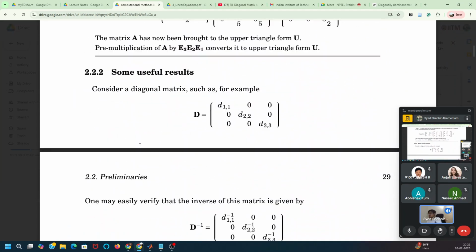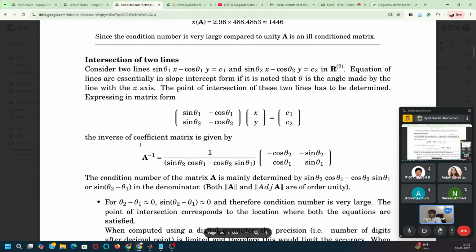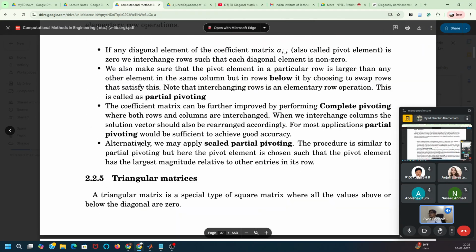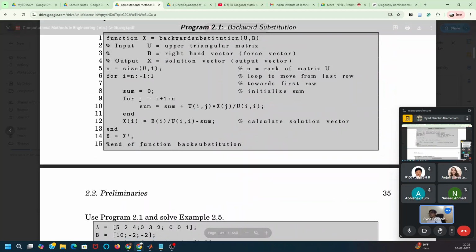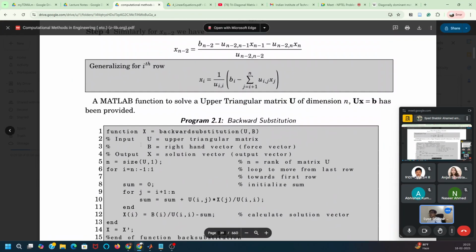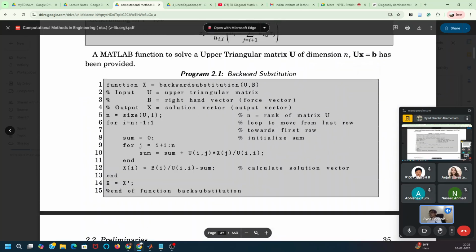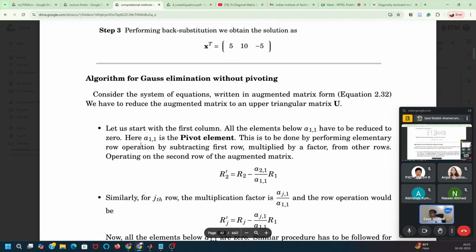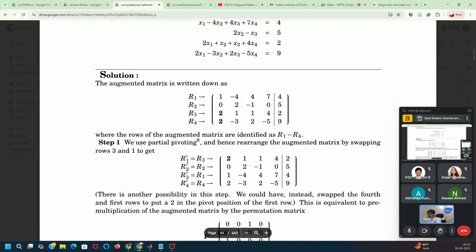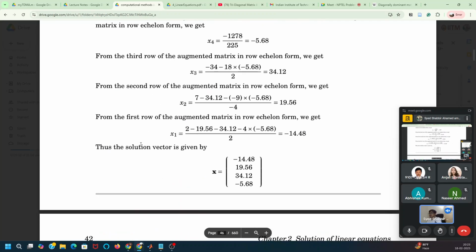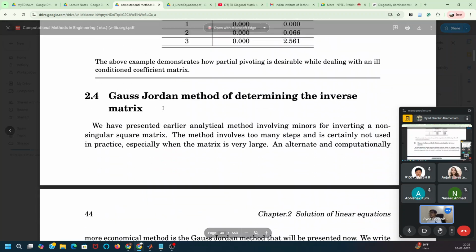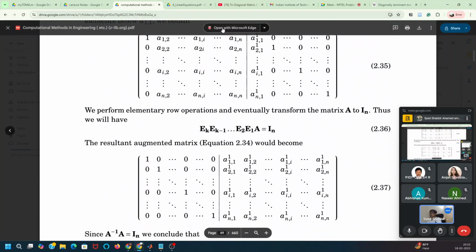There are a lot of things in this book. Pivoting, partial pivoting, backward substitution, all these things are there. Gauss elimination, we have also Gauss. Let's open this.